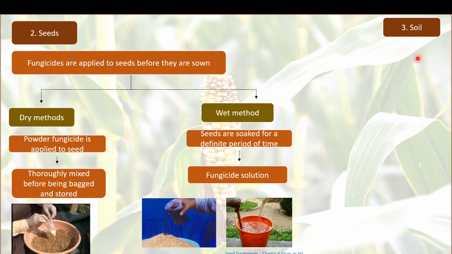Third, you also have to protect the soil. Now why do you have to protect the soil? Because there are many pathogens that are soil borne, right? They will remain dormant in the soil till the soil receives some crop. So as you start growing a crop in the soil, these pathogens from the soil will enter your plant and the plant will be spoiled.